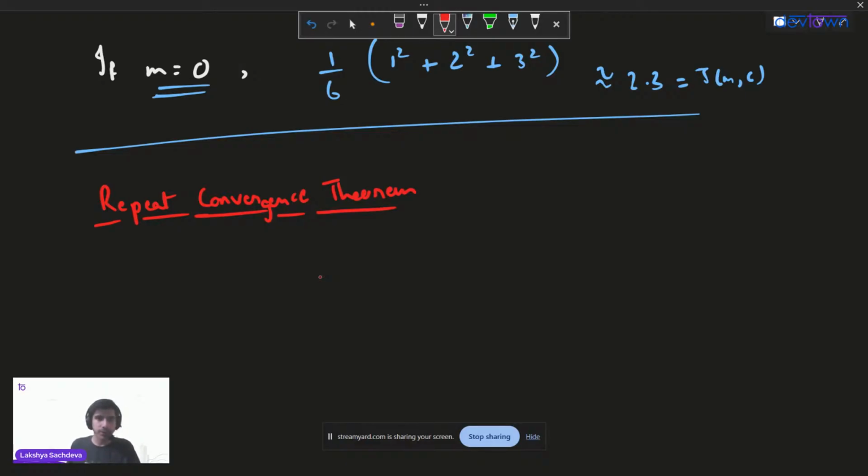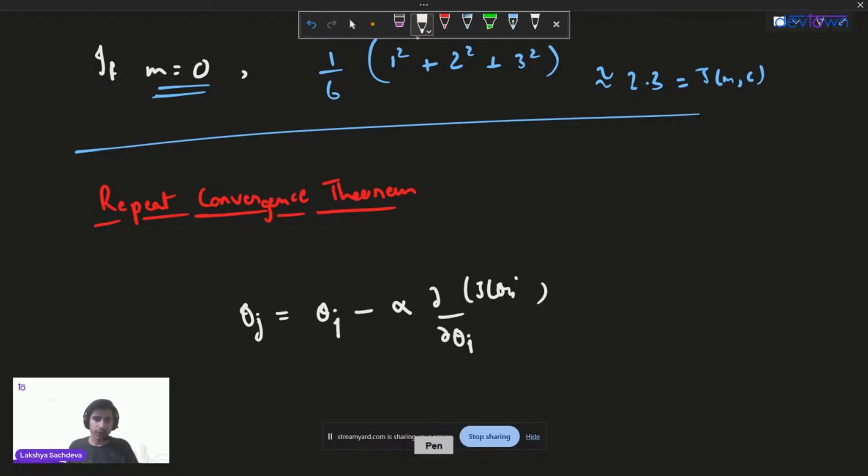The repeat convergence theorem says that theta of j is equal to theta of j minus alpha times the partial derivative with respect to theta of j.